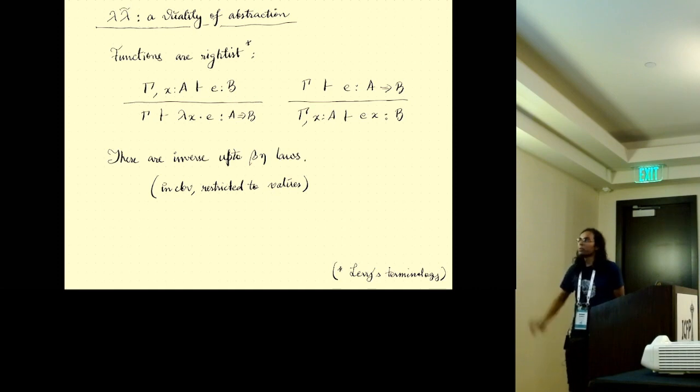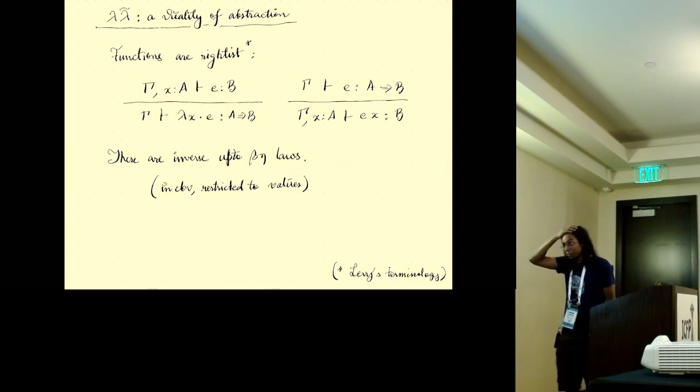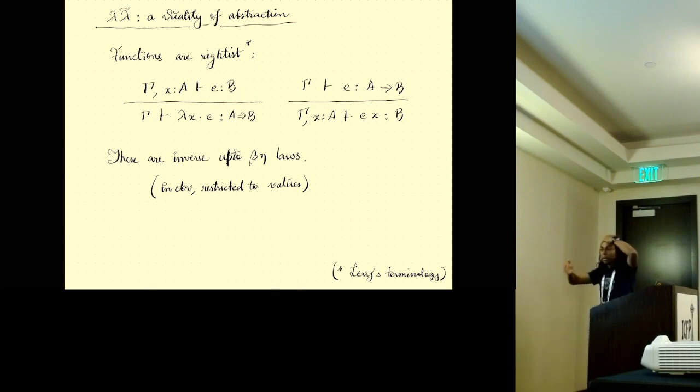But I want to maintain the type theorist natural deduction tradition, so I'm borrowing some terminology from Paul Levy, which is this idea of having types are either leftist or rightist.